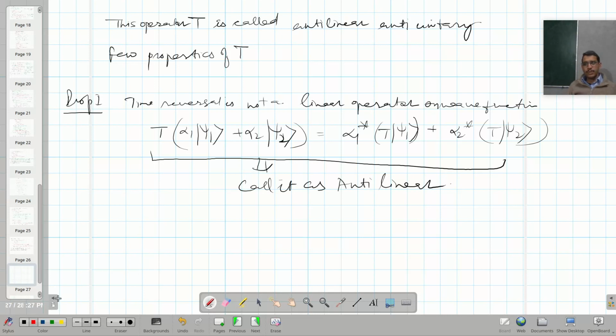And the second property, property number 2. Consider T and its effect on the wave function.